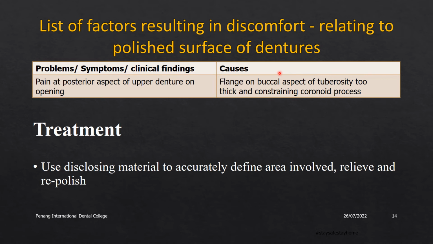The pterygomandibular raphe, the postdam area, needs to be trimmed. And if the buccal flanges are too bulky, then they may need to be trimmed and polished to provide space for the coronoid process of the mandible during opening and closing. Again, this has a direct impact from the final or secondary impression, if these areas have not been properly recorded.